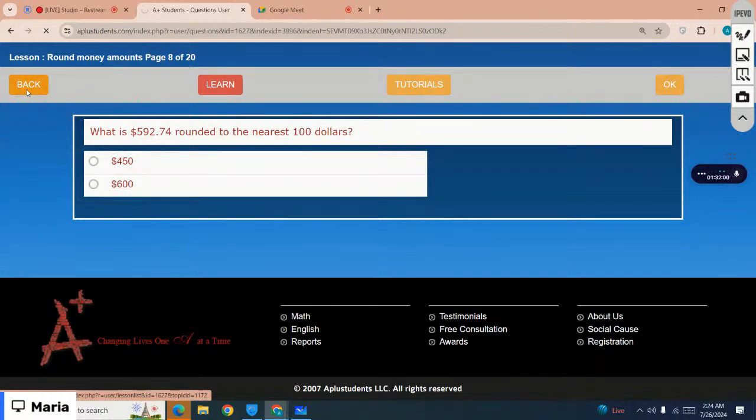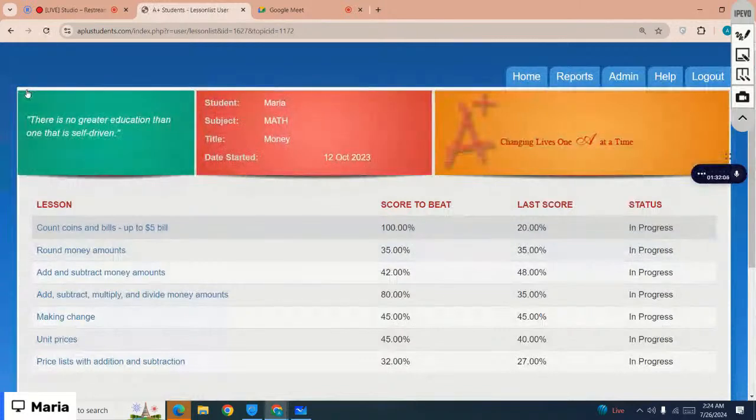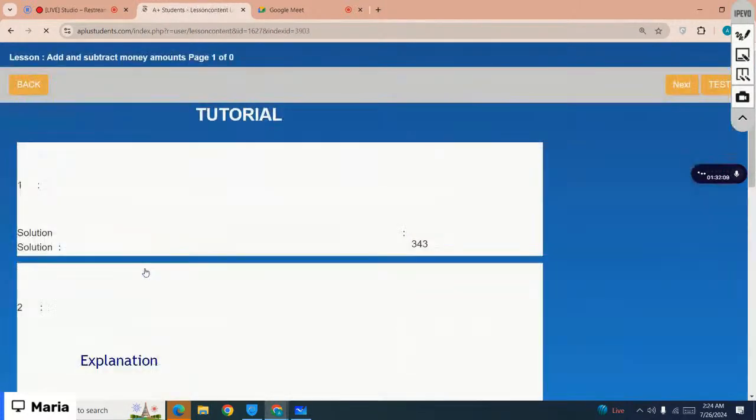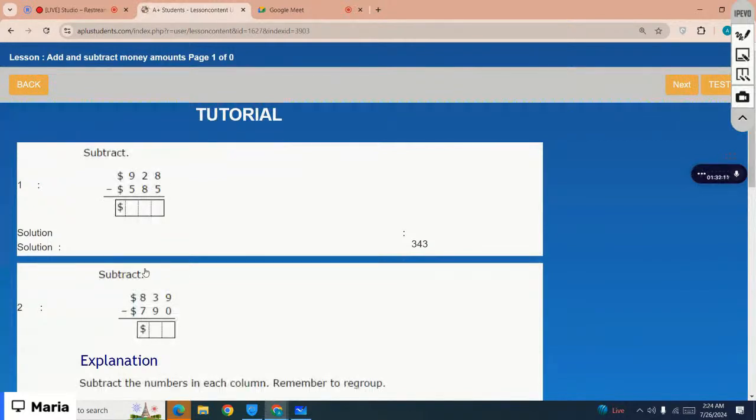And the next lesson is add and subtract money amounts. Okay, you have to subtract. You can do it exactly like we do with numbers, right?